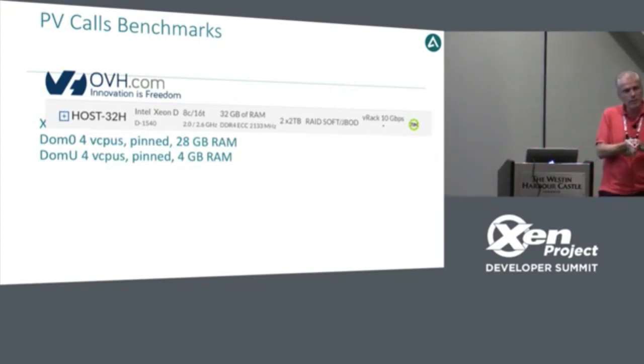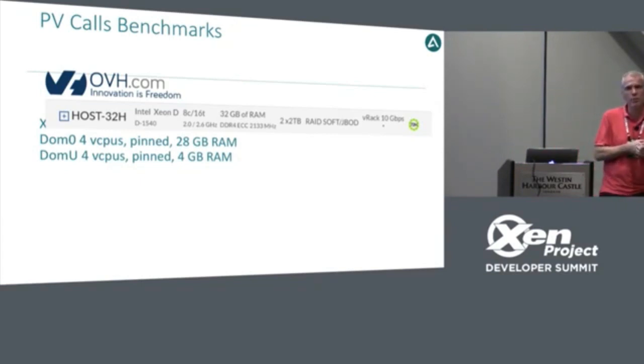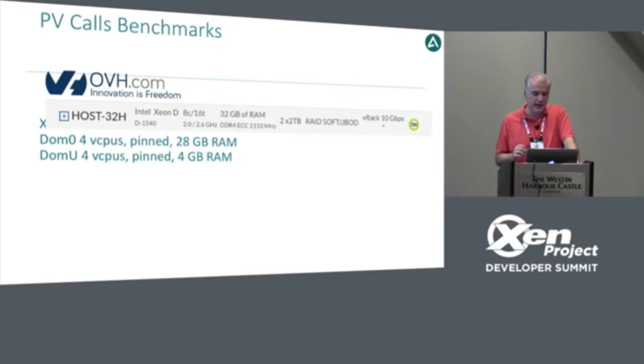Now, I'm going to show you some benchmarks. We have done some performance analysis to understand the performance implications and how it compares with other techniques. We used a pretty big machine at OVH to do this.